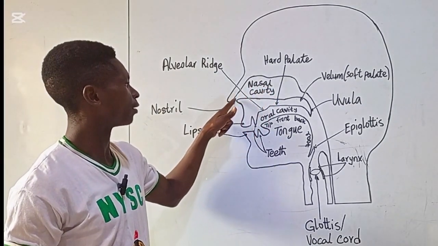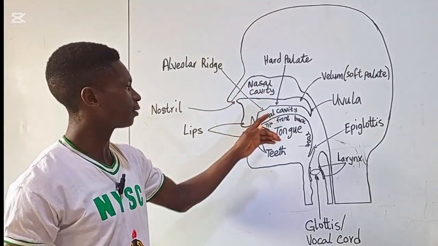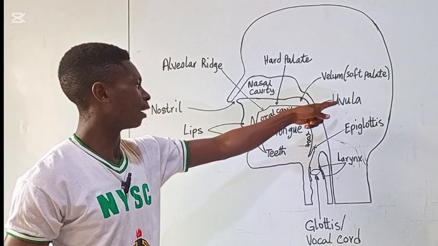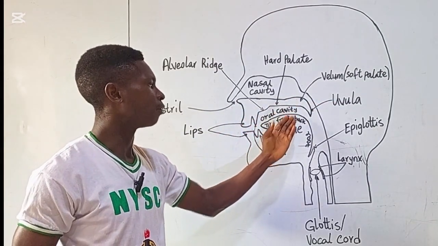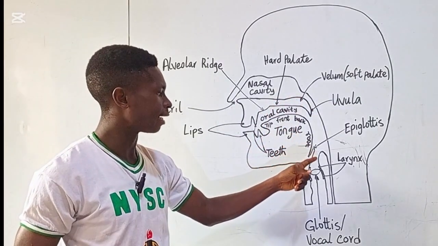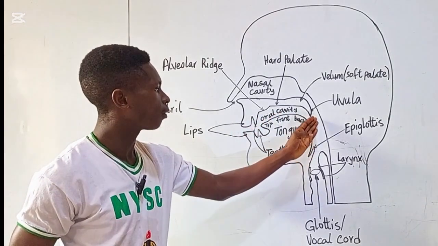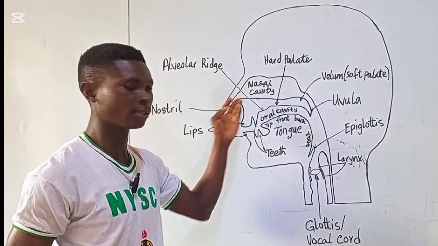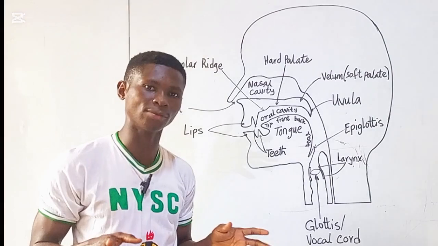Here is the nasal cavity. Sometimes the uvula or the velum and the back of the tongue will come together, and the air, instead of passing through the oral cavity, finds its way through the nasal cavity. When that is done, we have a nasal sound.